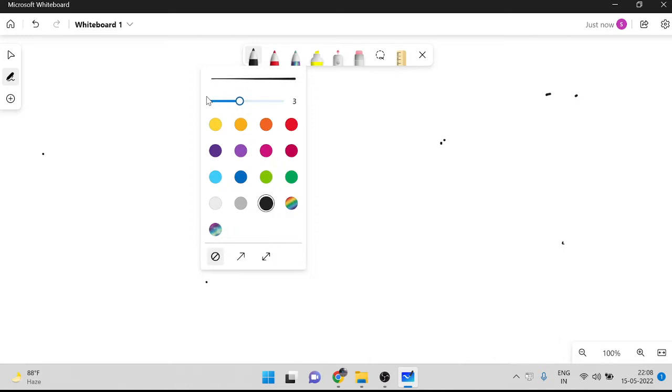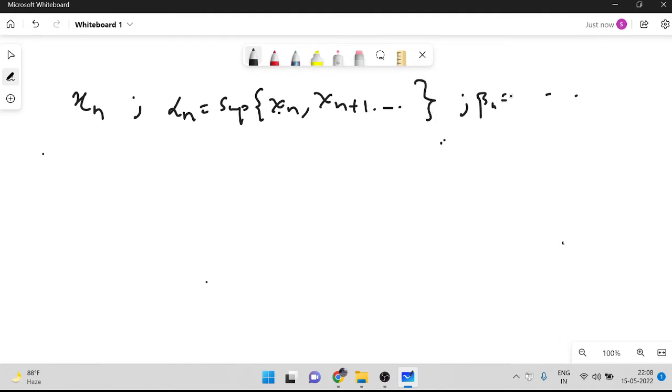So for every sequence, we can basically construct things this way. Now we have a sequence xn, and alpha n is basically supremum of xn plus 1 and so on, and beta n is equal to infimum of xn plus 1 and so on.